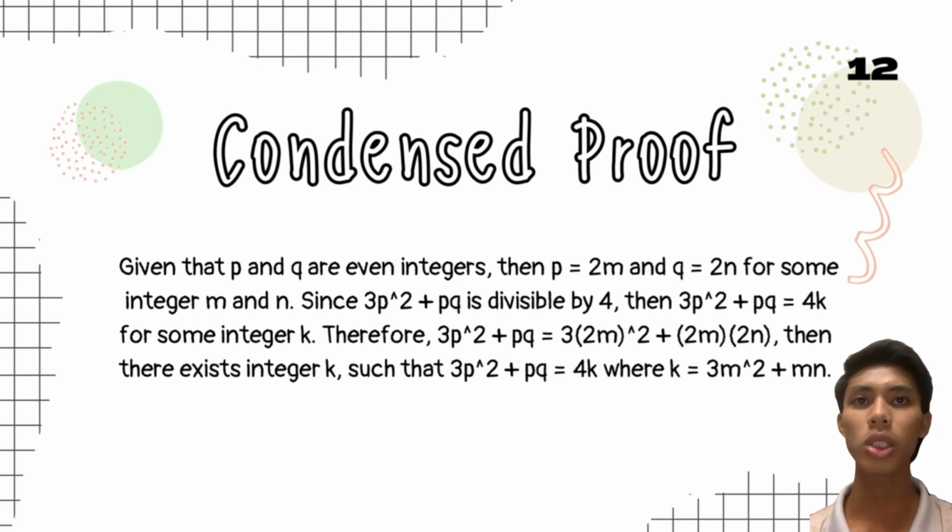Therefore, 3p squared plus pq equals 3 times (2m) squared plus 2m times 2n. Then there exists an integer k such that 3p squared plus pq equals 4k, where k equals 3m squared plus mn.